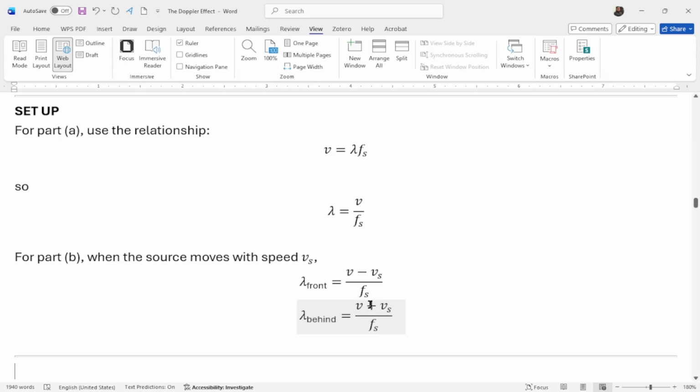This is the front, and at the back of the police siren, it is v plus v sub s over f sub s. So these are the two equations that we're going to use to determine the wavelength of the sound in different portions of the source.